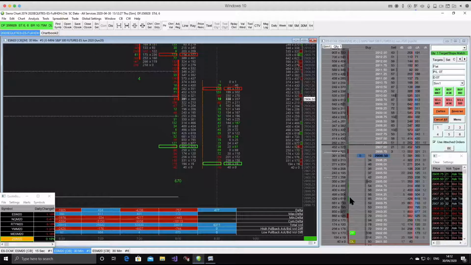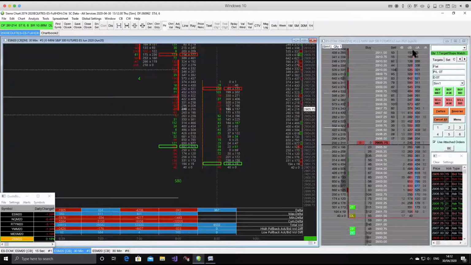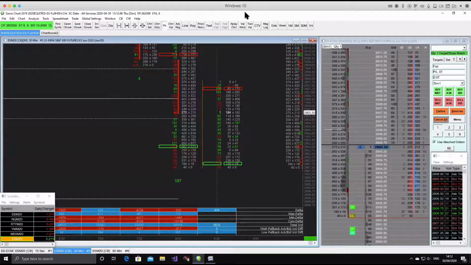So I can trade this stuff from here, I can trade it from here, the data is all the same. The difference is this chart is hitting reset on these columns for me, being reset every 30 minutes, and the recent is being reset every time I come off the edge.